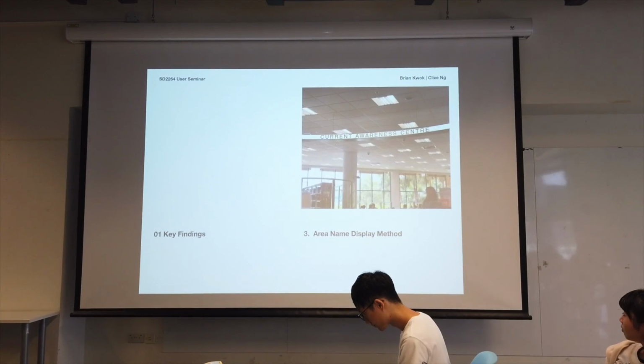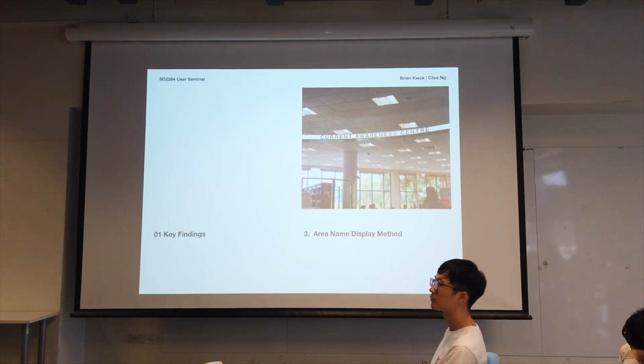And the third finding is that people have difficulty realizing that it's a space for reading magazines and newspapers. Like this Current Awareness Center, this logo can only be seen in the inner circle.